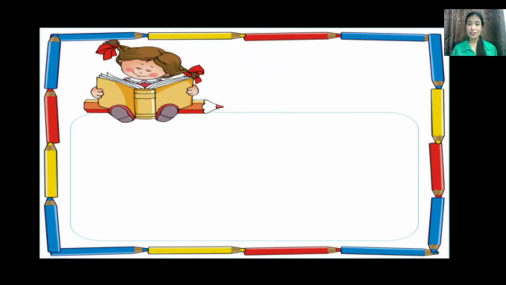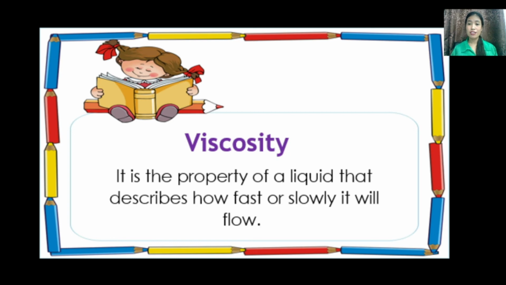Liquid has the resistance to flow and it is termed as viscosity. Will you please repeat? Viscosity. So how will we describe viscosity? Viscosity is the property of a liquid that describes how fast or slowly it will flow.